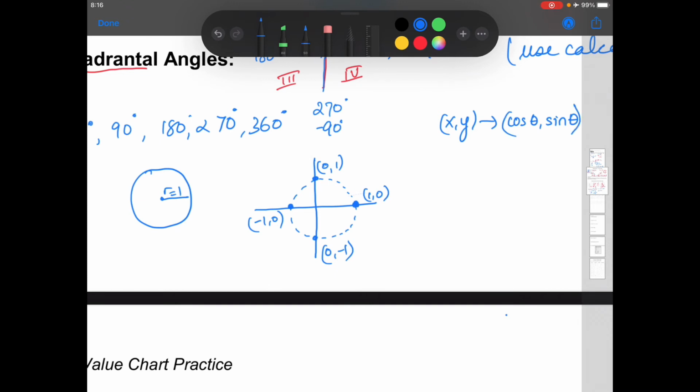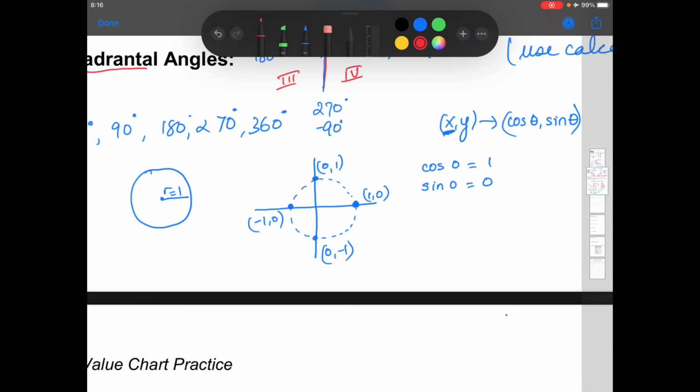So just in reference to that, so cosine of 0 would be what? Your x coordinate. So cosine 0 would be what? 1. Sine 0 would be 0. So this is your x. Remember, your x, I'm going to underline this.